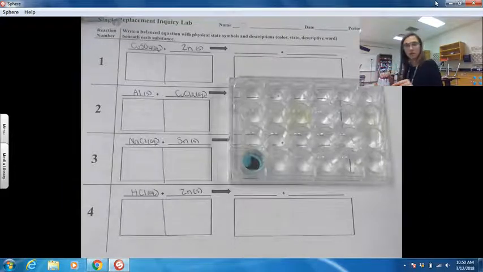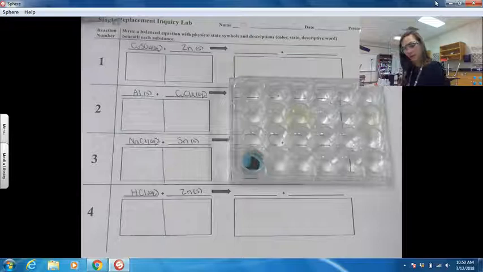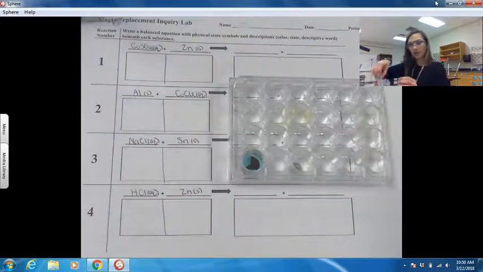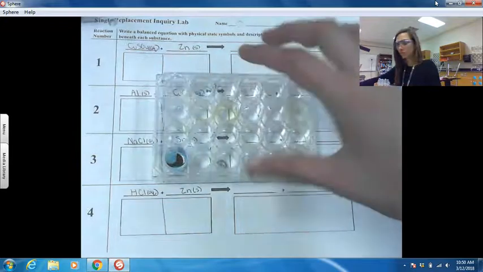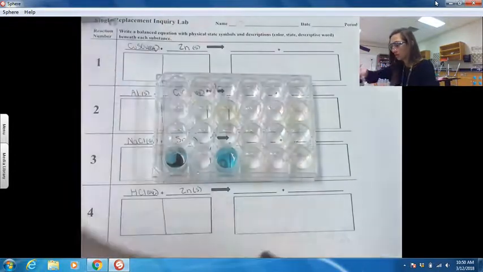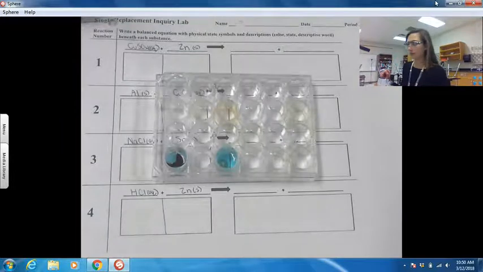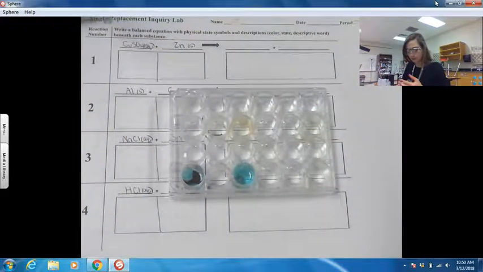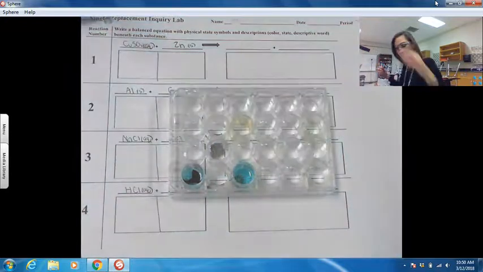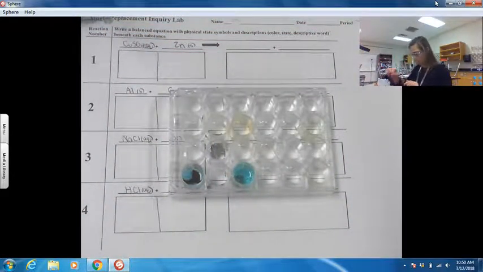Then the next one is aluminum with copper chloride. And then we have tin with NaCl.